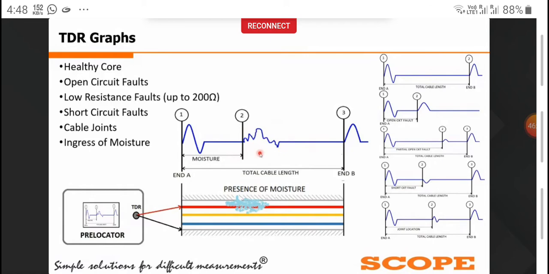So by placing the cursor as shown in the figure, we can detect the starting point of the moisture affected area. Okay. So this is all about the TDR graphs.